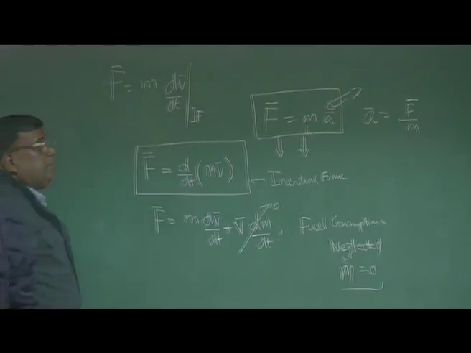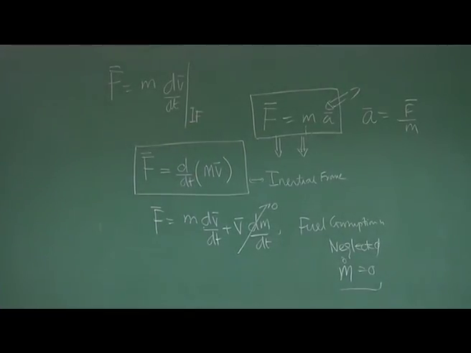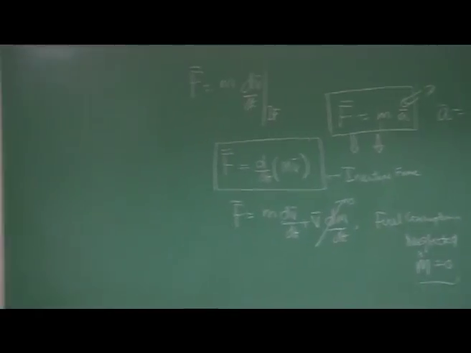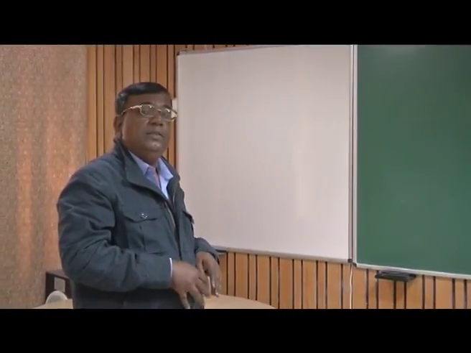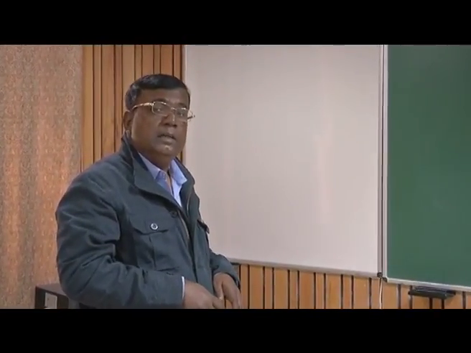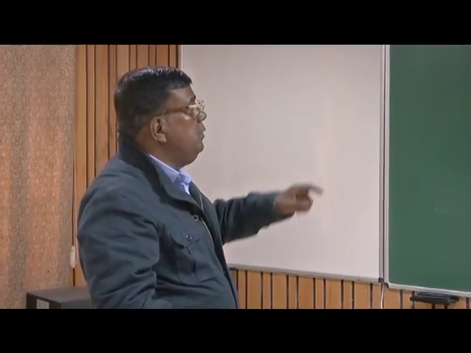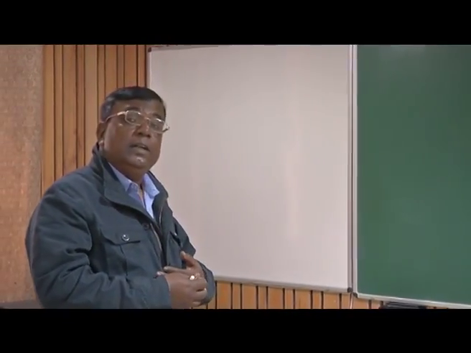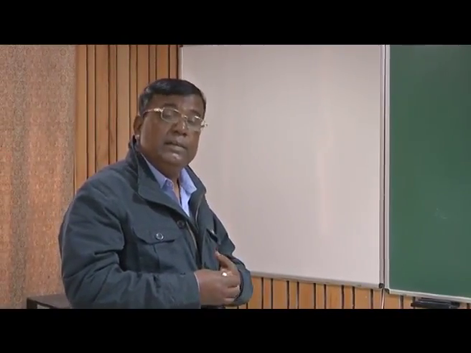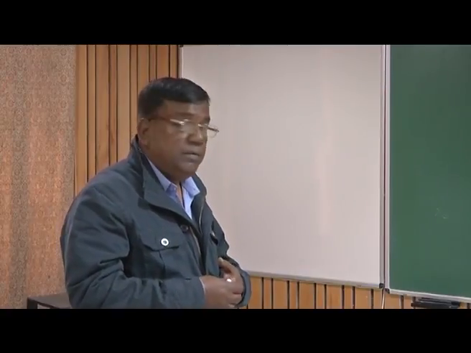IF is inertial frame. That means you have assumed the Earth fixed frame is an inertial frame, so you observe what direction it is going, what rate it is changing with respect to an axis fixed on the inertial frame on the Earth, not with respect to an axis system fixed on the aircraft, because the aircraft is a rotating frame, it's not an inertial frame.